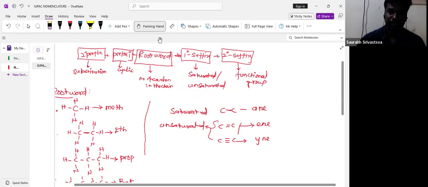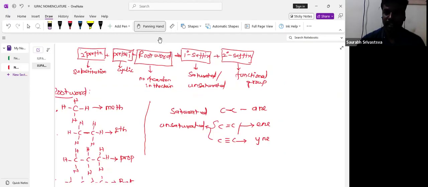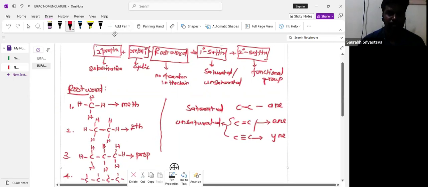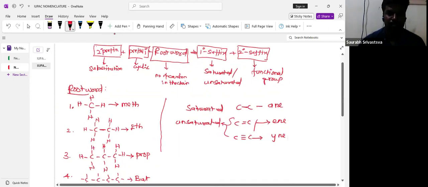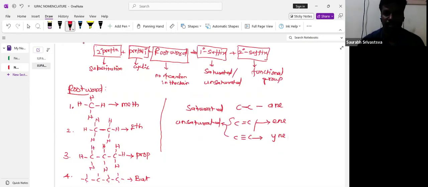Next case, here we are giving the secondary suffix. In our syllabus they have given a few examples.